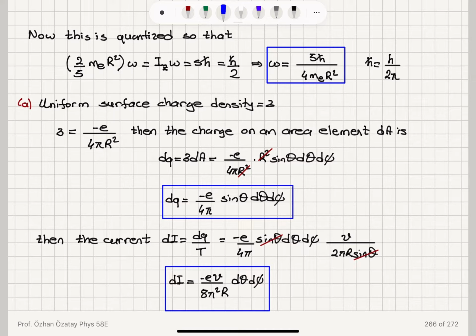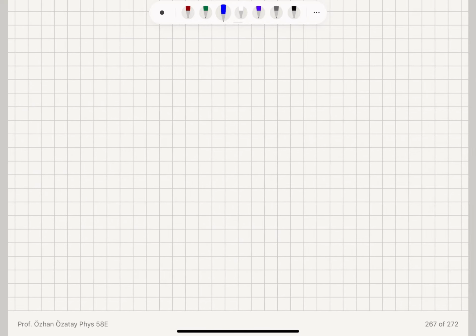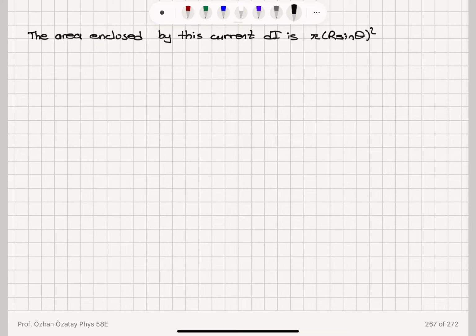Now we can talk about the area enclosed by this current dI. It is going to be the area of the circle with radius capital R sine theta, so it's pi R sine theta squared.